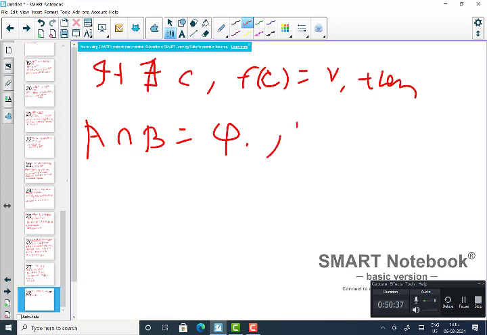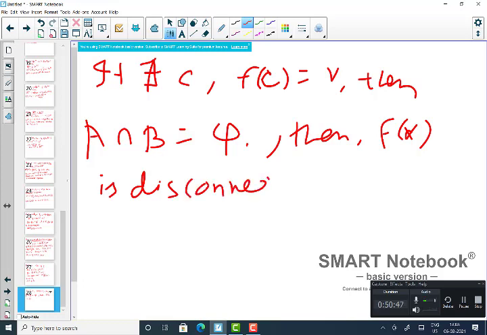And if A intersection B is phi, then f of X is disconnected, right? Because you have a separation of f of X. But this is a contradiction, because X is connected and f is continuous. The continuous image of a connected space is connected.